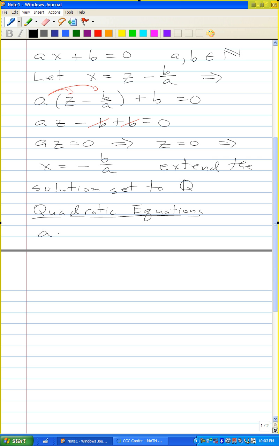So let's say something in the form ax squared plus bx plus c is 0, where a, b, and c are, let's say, natural numbers. Let's see what happens, even in this case.